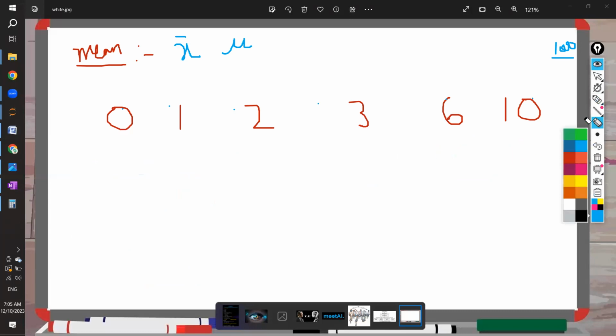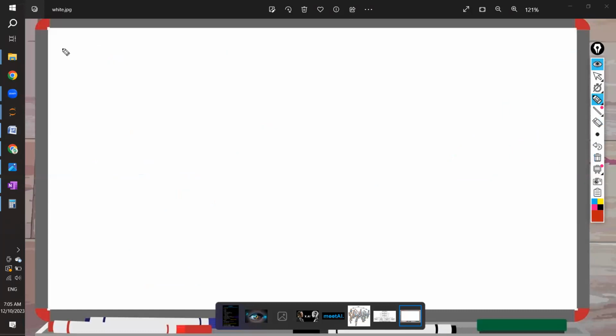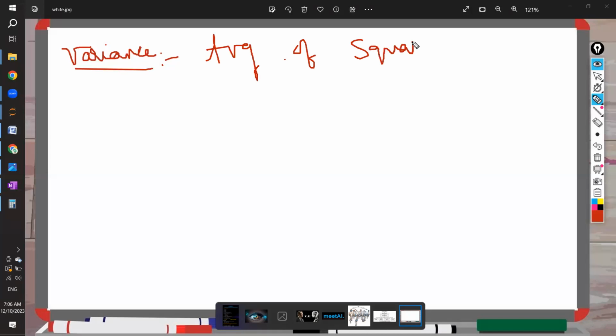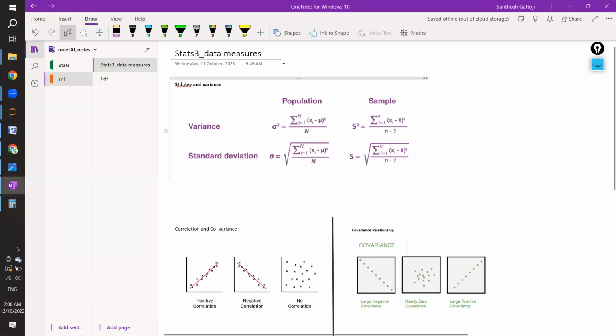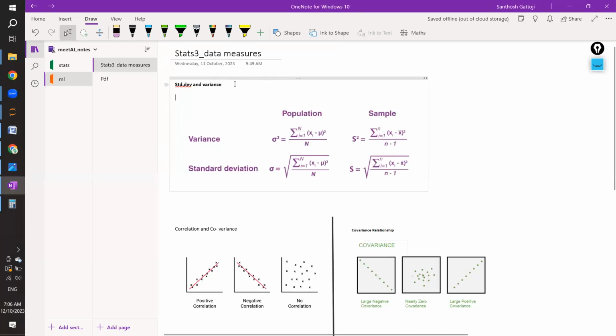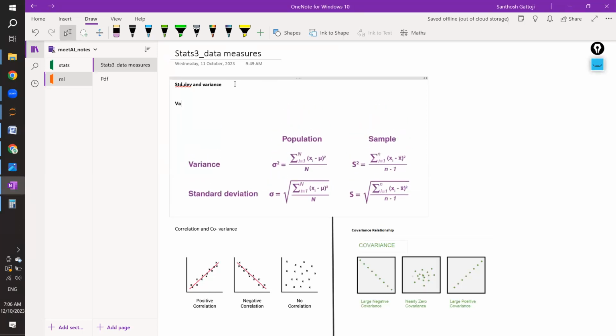Now, what is variance? Variance, as per the formula, is nothing but the average of squared differences from the mean. So the average of the squared differences from the mean.